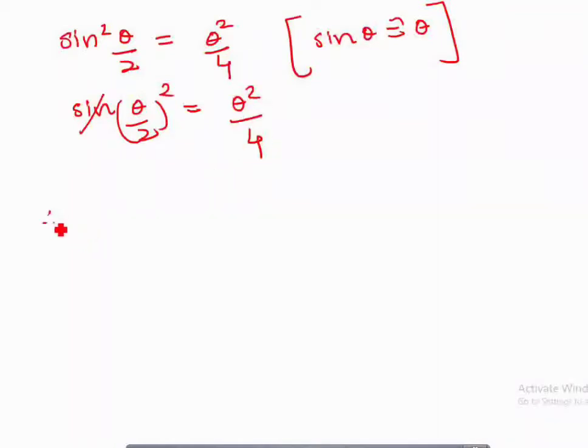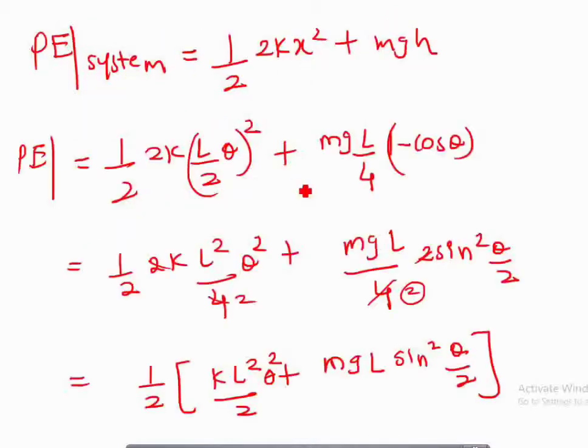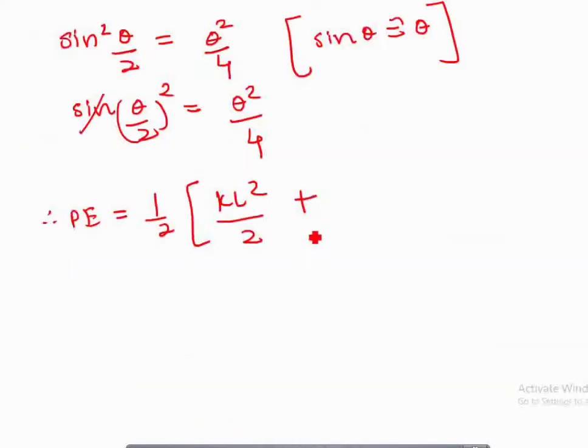Okay, so therefore the potential energy of the system will become 1/2 kL square divided by 2 plus mgL, and sin square theta by 2 is nothing but theta square by 4, right? So the remaining term will be 2mgL divided by 4, and theta square is common.